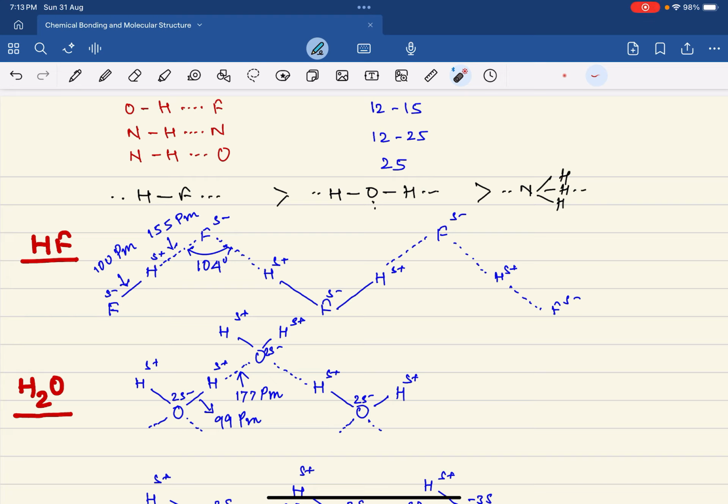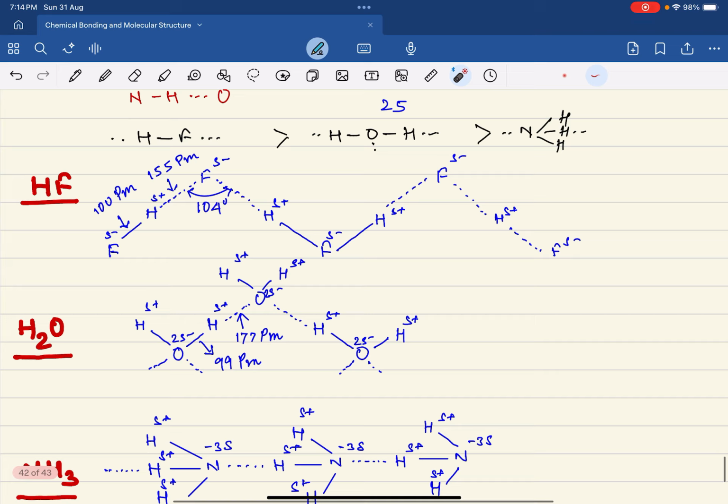Because of the electronegativity of fluorine, the polar end leads to strong intermolecular hydrogen bonding. So HF molecule remains associated through H bonding even in gaseous state. In ammonia or in water, the difference is on the basis of electronegativity.